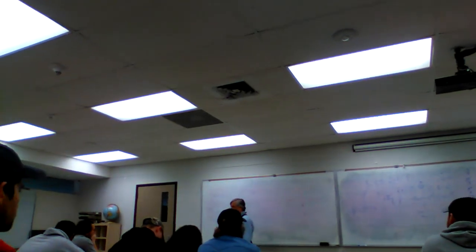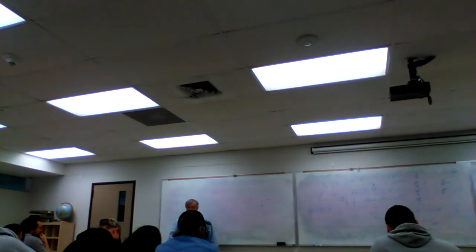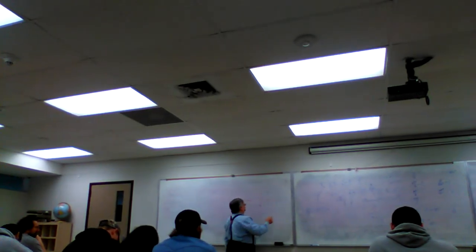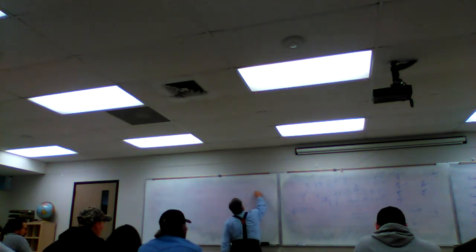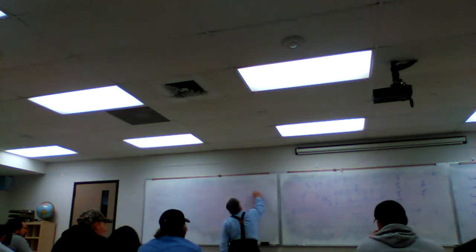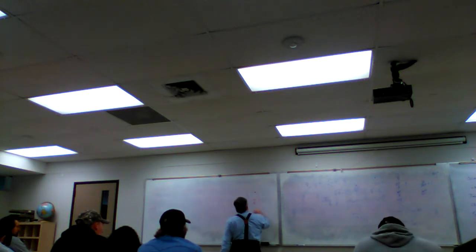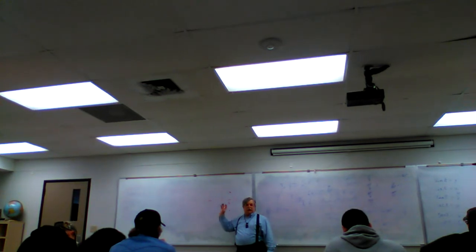Where would that put you on the unit circle? Exactly. You know that the x-coordinate is 1/2, but that could either be here or here. So by having only one coordinate, you're only narrowing it down to one of two quadrants.